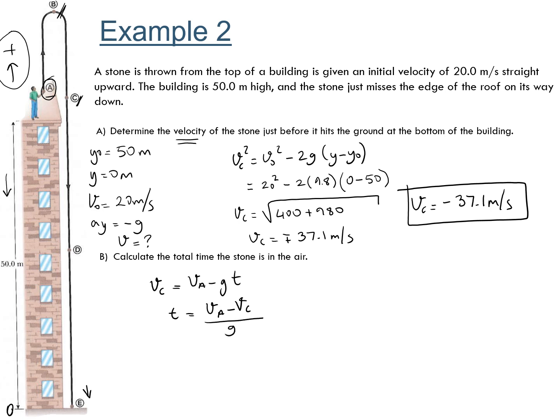Okay, so Va is 20 minus Vc, which is negative 37.1, divided by 9.8. Checking this on the calculator and rounding to 3 significant digits, I found this to be equal to 5.83 seconds. All right, so that's the answer.